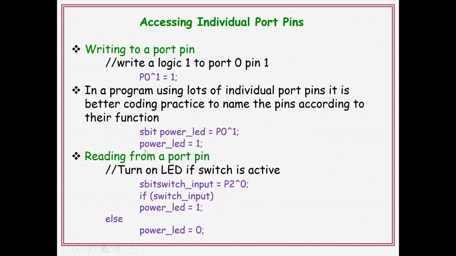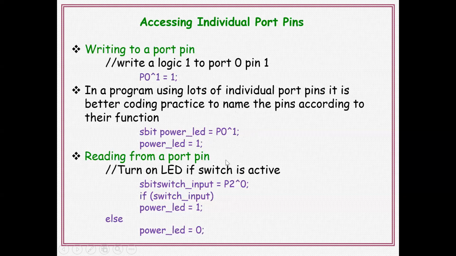Then in these cases, you can declare an sbit type variable with a somewhat meaningful name, power_LED equal to P0.1, because we are using more pins, so that you can create meaningful labels. Next, power_LED equal to 1, then automatically P0.1 equal to 1.